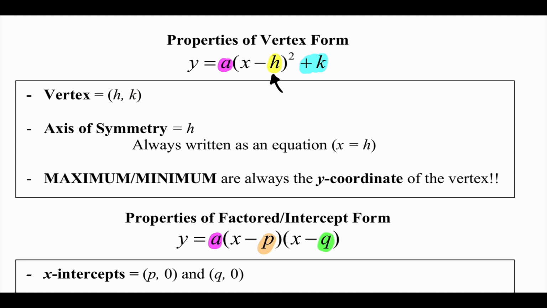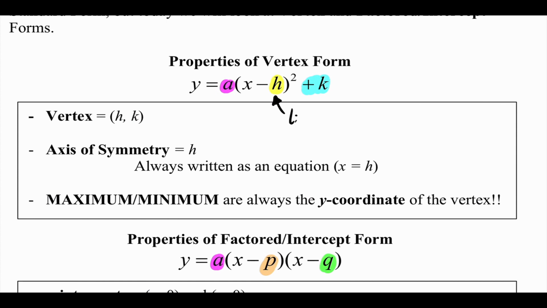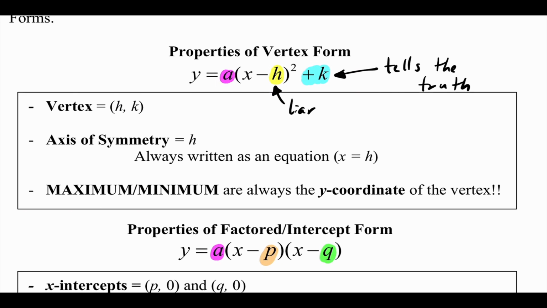So H is a liar, but K tells the truth. That only affects when we need to find H. We don't do anything to the equation, but when it says, what is H? We just got to remember that it's lying. It's not telling the truth. It's actually the opposite. Okay?